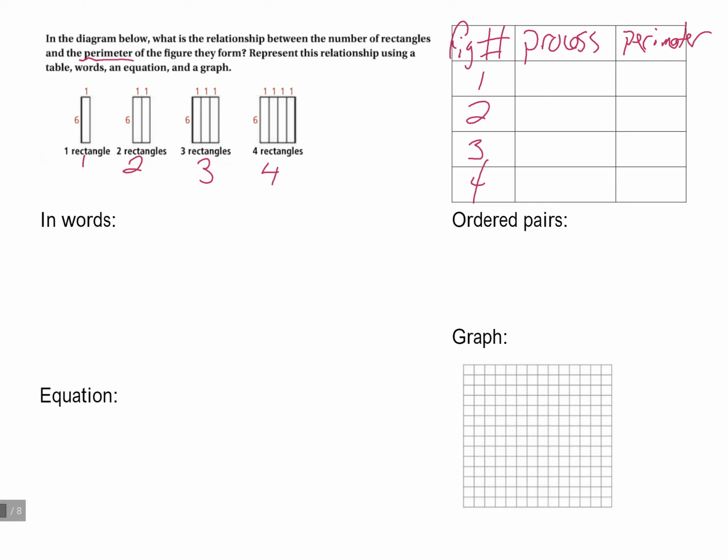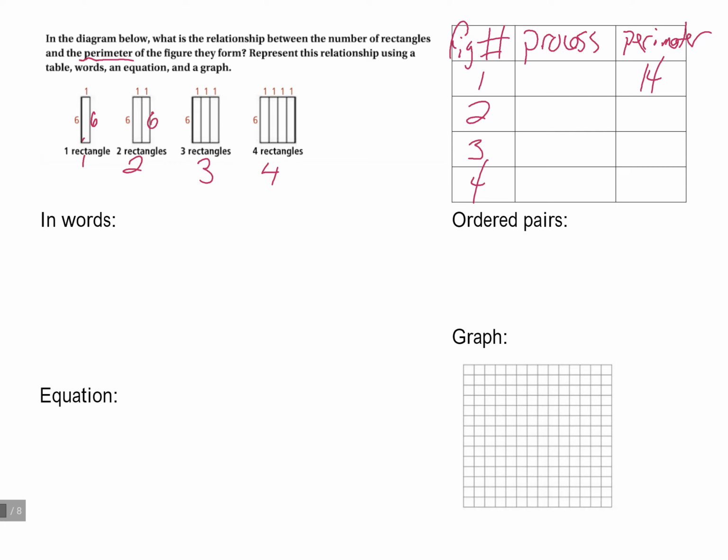Now, what is the perimeter of the first figure? Well, we know it's a rectangle, so we have 6 and 6, and 1 on top and 1 on the bottom, right? If we add all those together, we have 12, 14. So the perimeter over here is 14. On the second one, we have 6 over here.